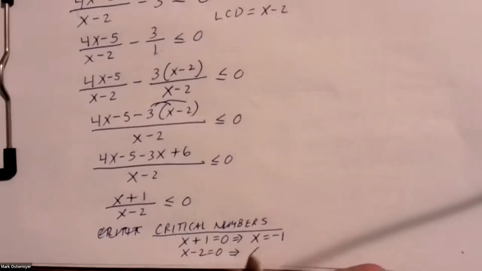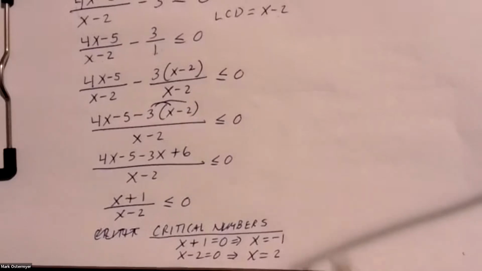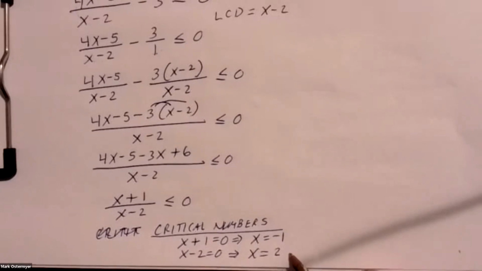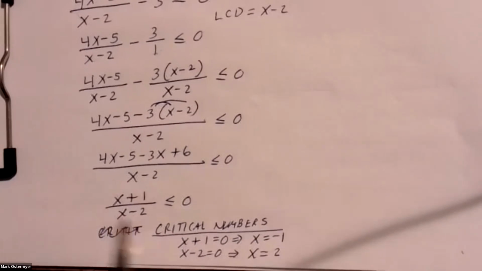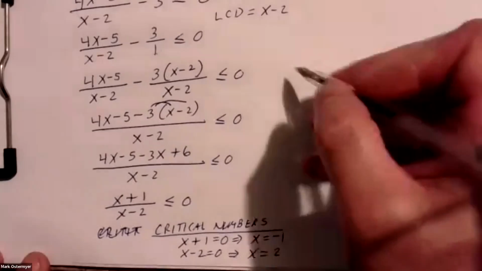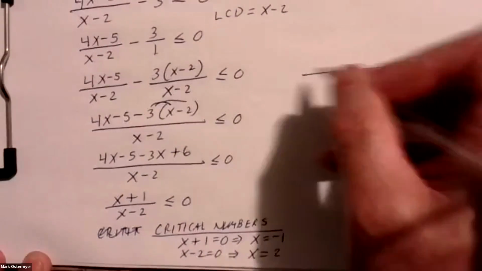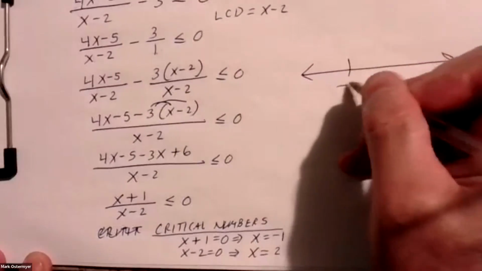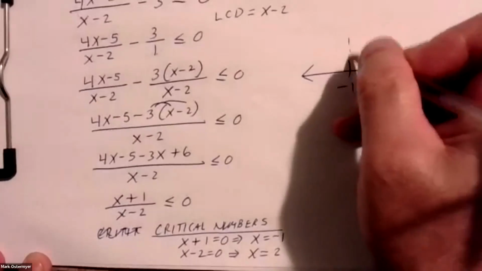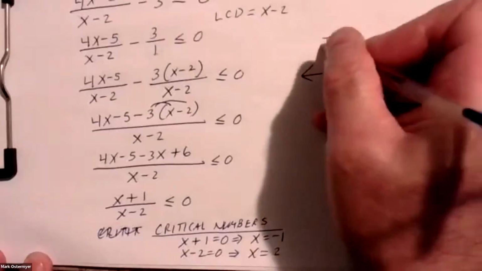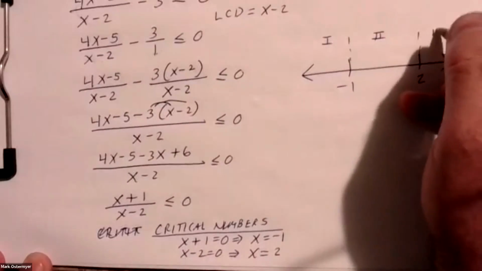So x equals 2 is another critical number. These critical numbers are going to partition my number line up into intervals that need to be tested to see which ones yield solutions to my rational inequality. So here we go. Put those critical numbers on your number line. And now we have 3 intervals to test out. Interval number 1, 2, and 3.